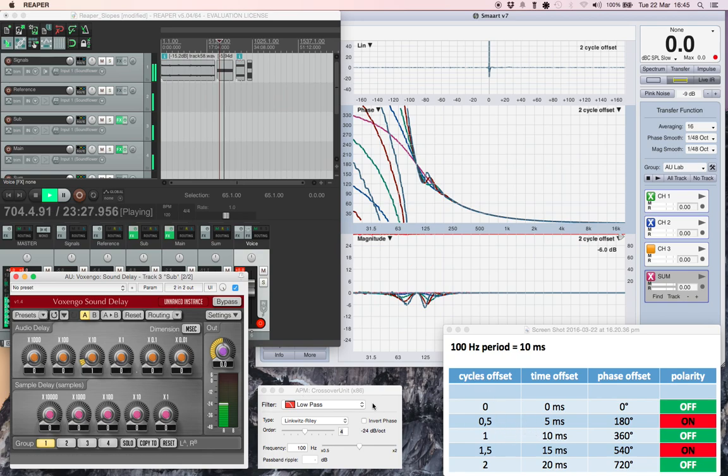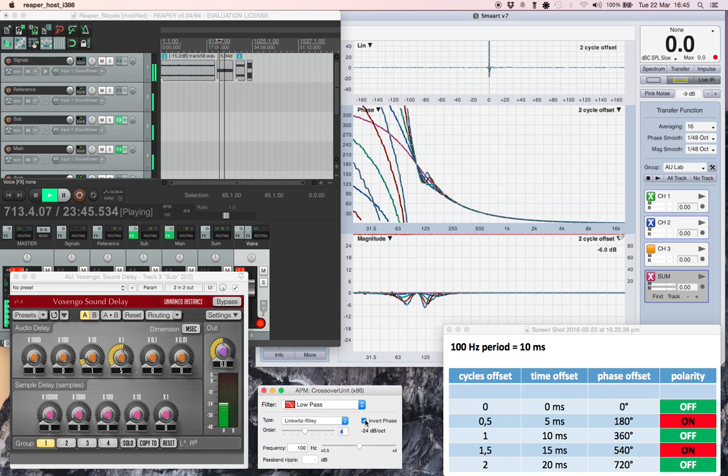So next instance would be 1.5 cycles, and this would be cancellation again. However, if we flip the polarity, then cancellation turns into summation again. We're in phase, but 1.5 cycles apart.